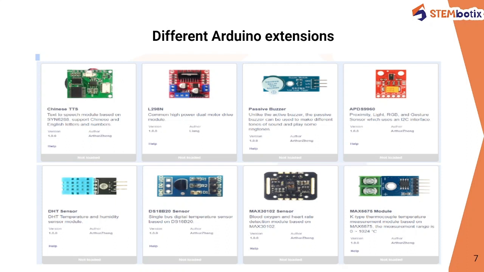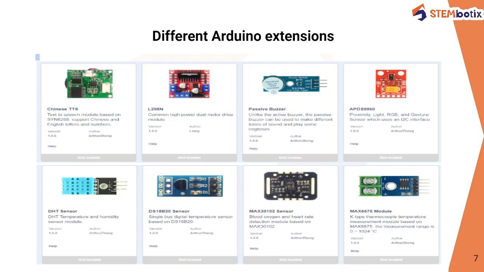Here you can see some modules which we can use to connect with our microcontroller board, like Chinese TTS. It's a kind of text to speech module based on the SYN6658, which supports Chinese and English letters and numbers.